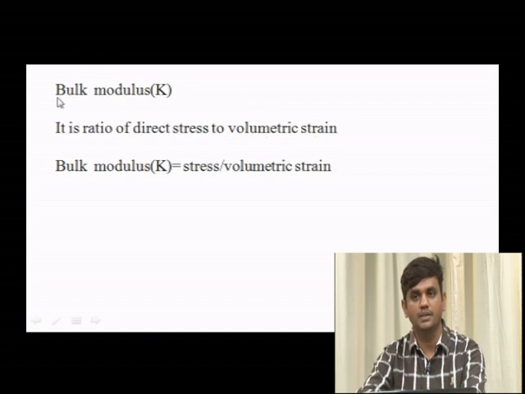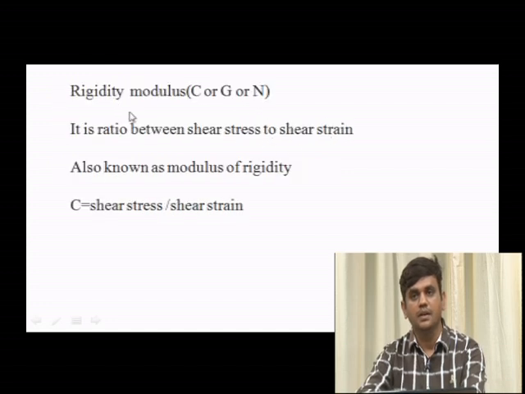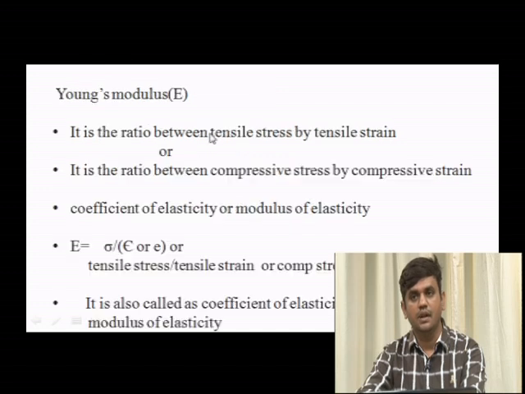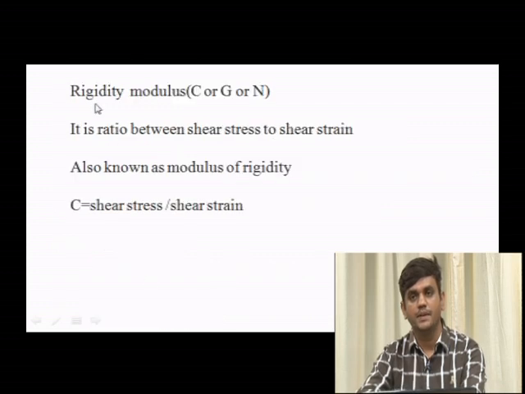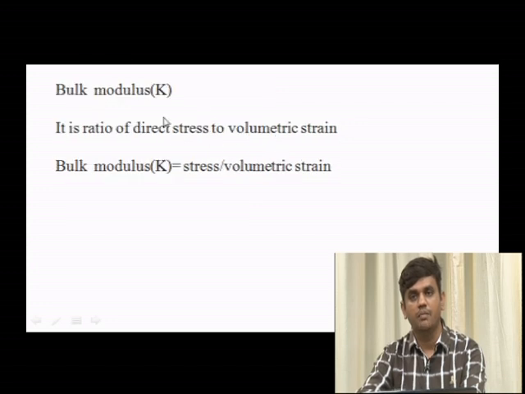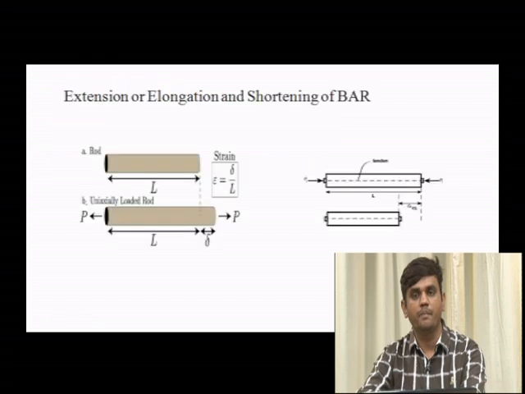Rigidity means shear, and Young's modulus means you relate it with Hooke's law. Young's modulus is tensile stress by tensile strain. Rigidity modulus is shear stress by shear strain. Bulk modulus means direct stress by volumetric strain. So therefore, bulk modulus K is equal to stress divided by volumetric strain.